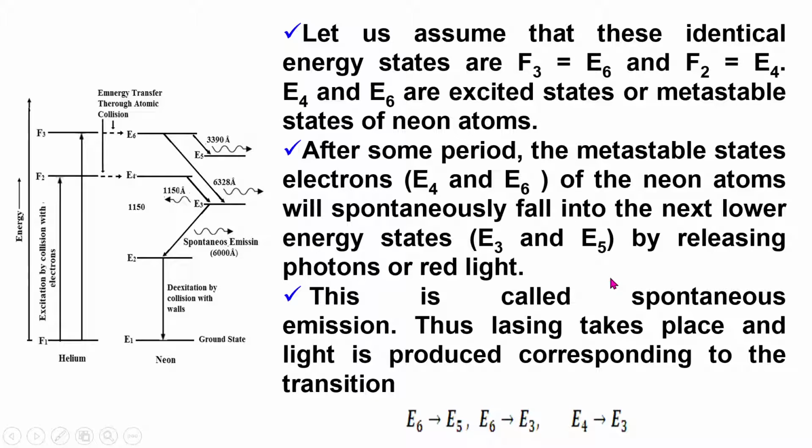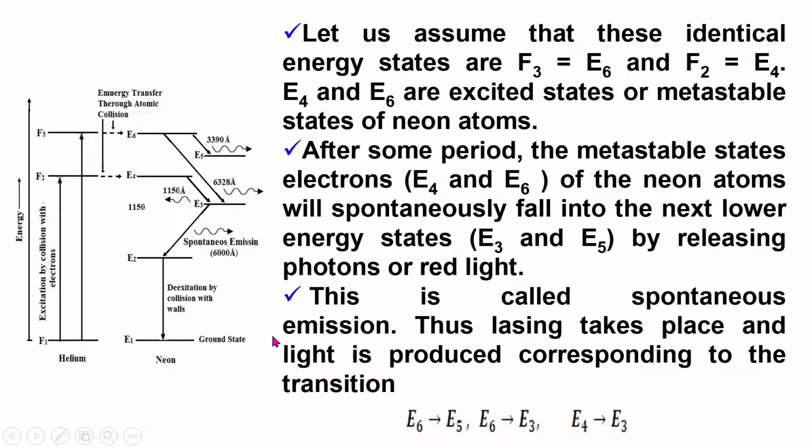And this is known as the spontaneous emission. And thus the lasing takes place and the light will be produced corresponding to the transition. That means after some period, there will be the transition from the two metastable states E6 and E4 to the lower energy states E5 and E3.